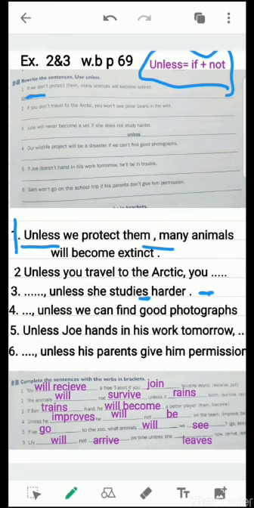5. If Joe doesn't hand in his work tomorrow, he'll be in trouble. إذا لم يسلم جو عمله غدا سيكون في ورطة. So we write, unless Joe hands. So don't forget the S also because Joe is a singular subject.